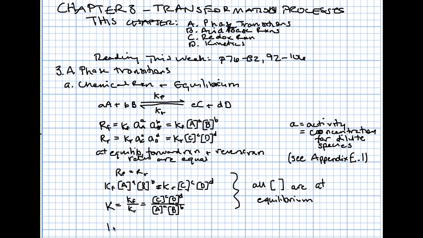And K is the equilibrium constant. And even though it's called a constant, it's important to note that it does vary with temperature, because there are all different kinds of ways in which the temperature can affect the reactions that are being described.